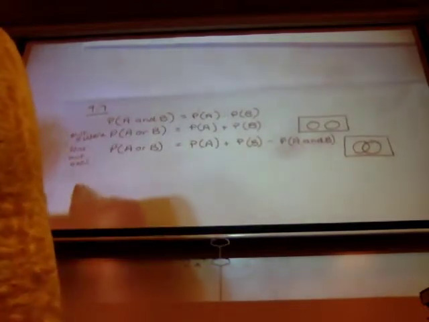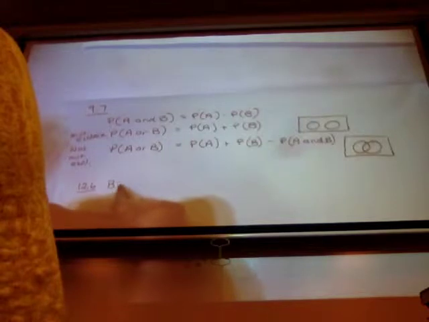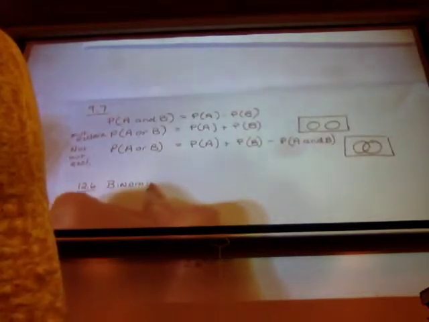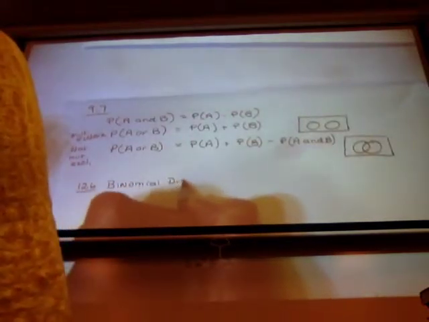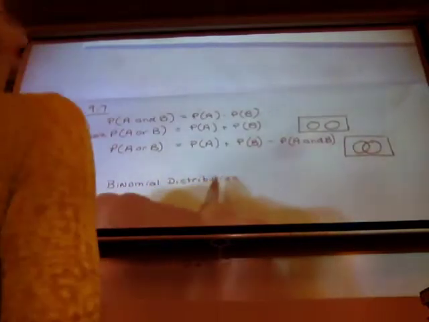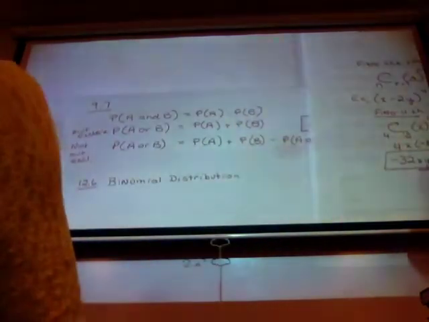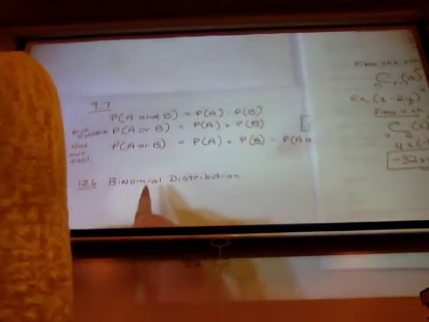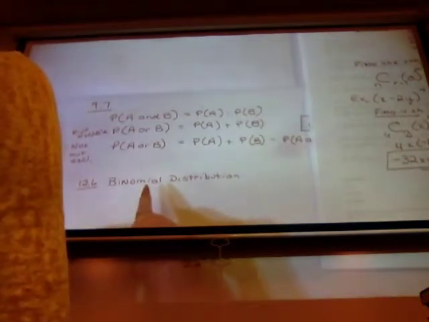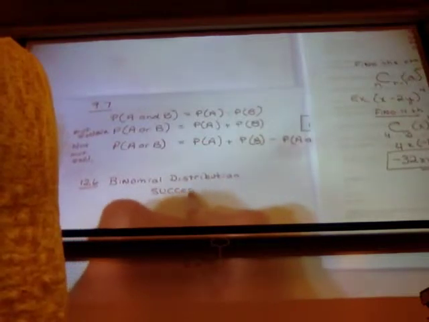Then we went into 12-6. And this I'm happy to get to today because this is binomial distribution, and I want you to make a note of this and how it's different from finding the rth term. In a binomial distribution, this is about your successes and failures.